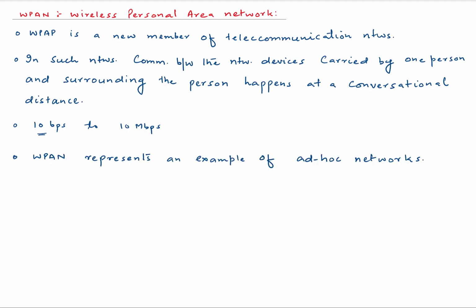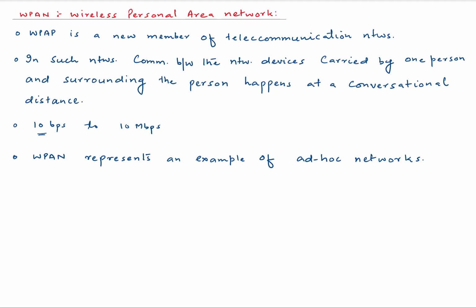And wireless PAN represents an example of ad hoc networks, such that the devices in such networks connect to each other, they are not pre-configured, and they form a network.